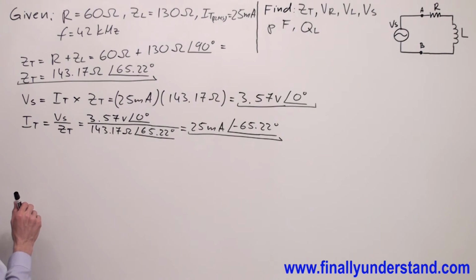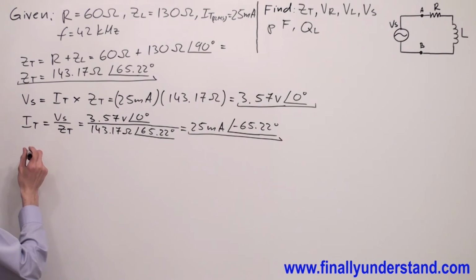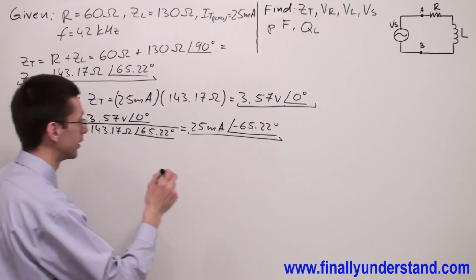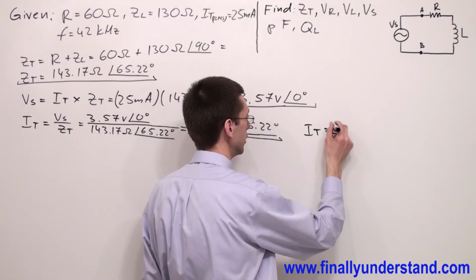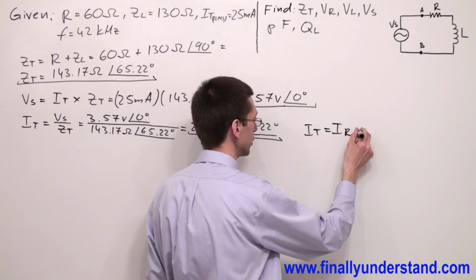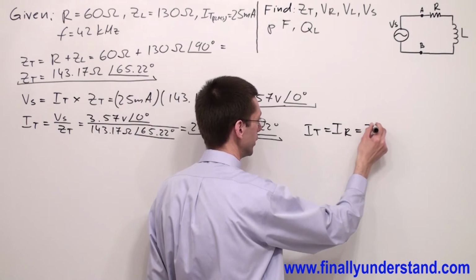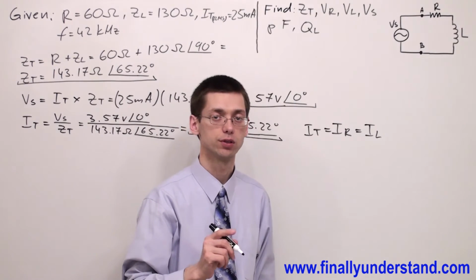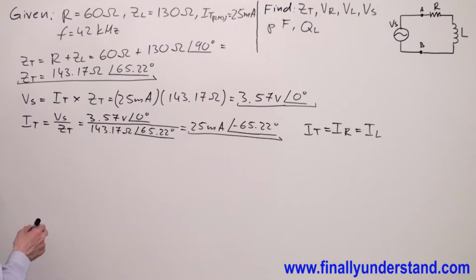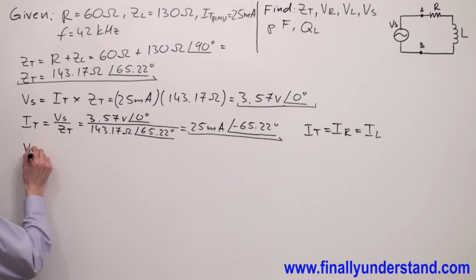Okay, so next we're supposed to find voltage across the resistor. So I have I total, and please keep in mind that I total in this case is equal to the current which goes through the resistor and is equal to the current which goes through the inductor. Why? Because this is a series circuit. Next, we're supposed to find voltage across the resistor.